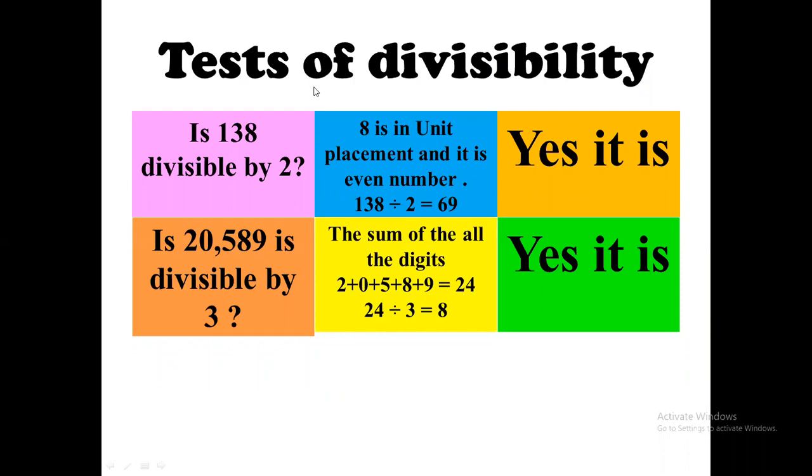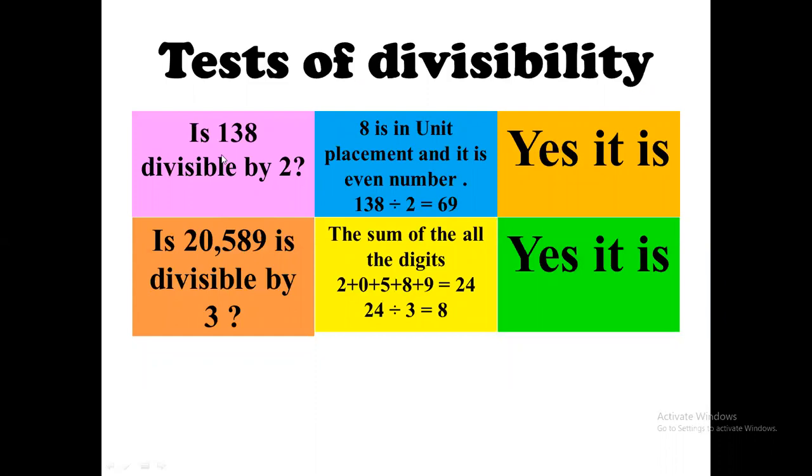Now, test of divisibility. After learning the four basic rules for the four basic numbers 2, 3, 5, and 10, there is a small test of divisibility. In this test, you are going to quickly find out whether the given number is divisible by 2, 3, 5, or 10 or not. Again, you are not supposed to use any paper and pencil, and in your mind, you have to quickly find out the answer.